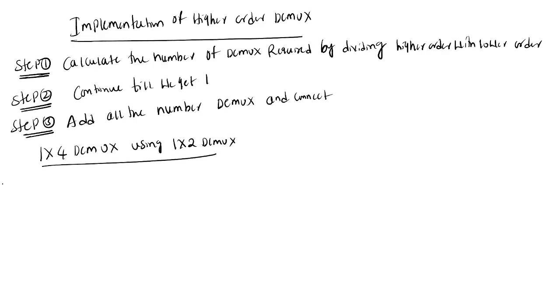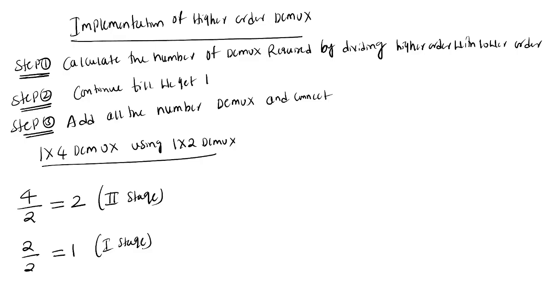How to implement? First, what you need to do? That means 4 by 2. What you will get? Quotient 2. This 2 will come in the second stage. Again 2 by 2. What is the quotient? 1. This will come in the first stage.